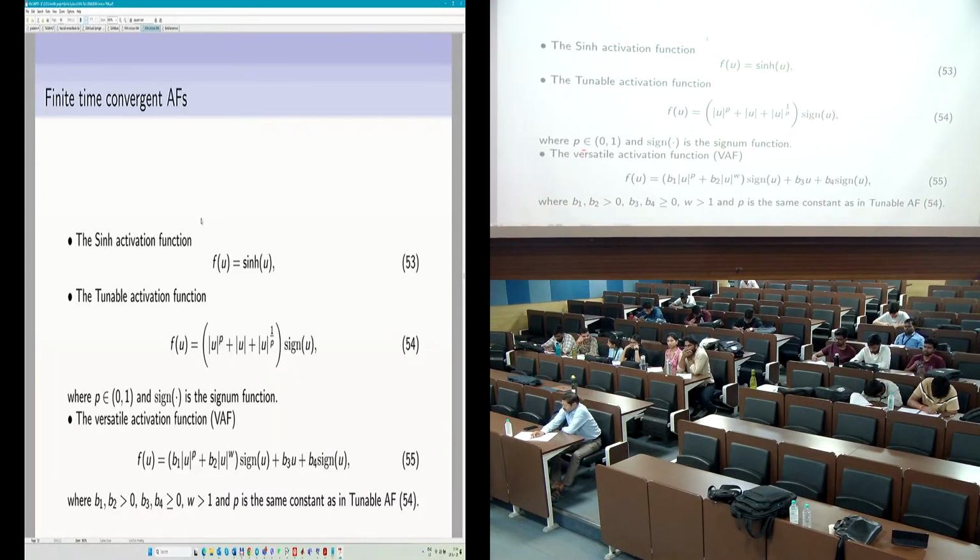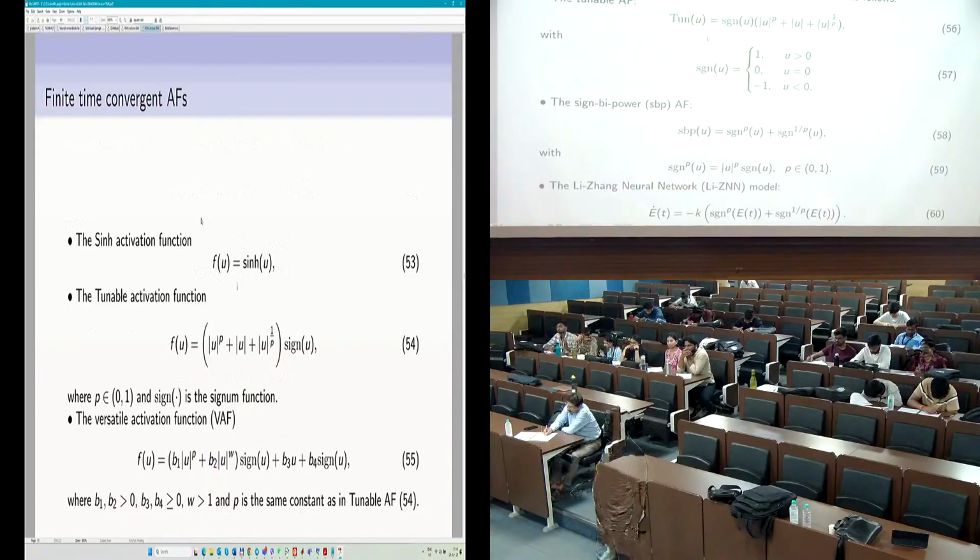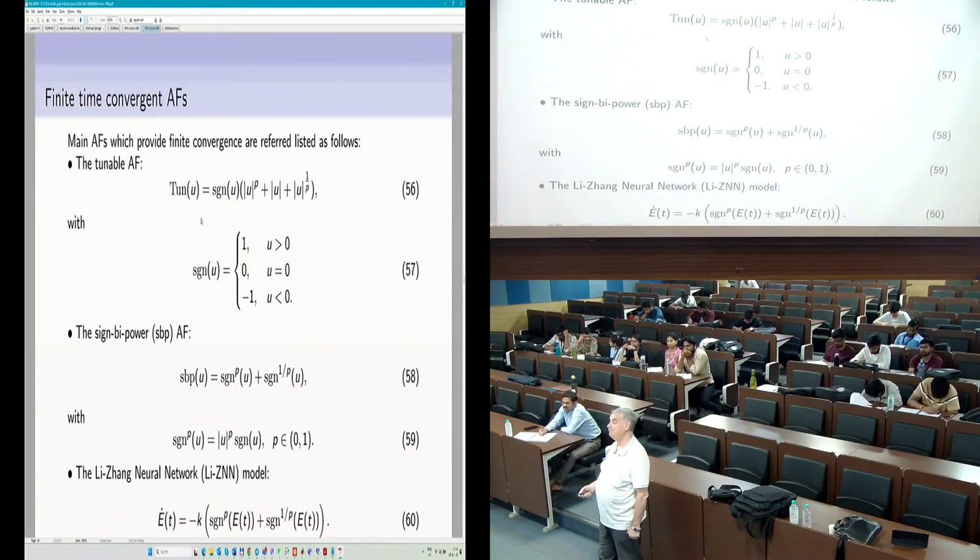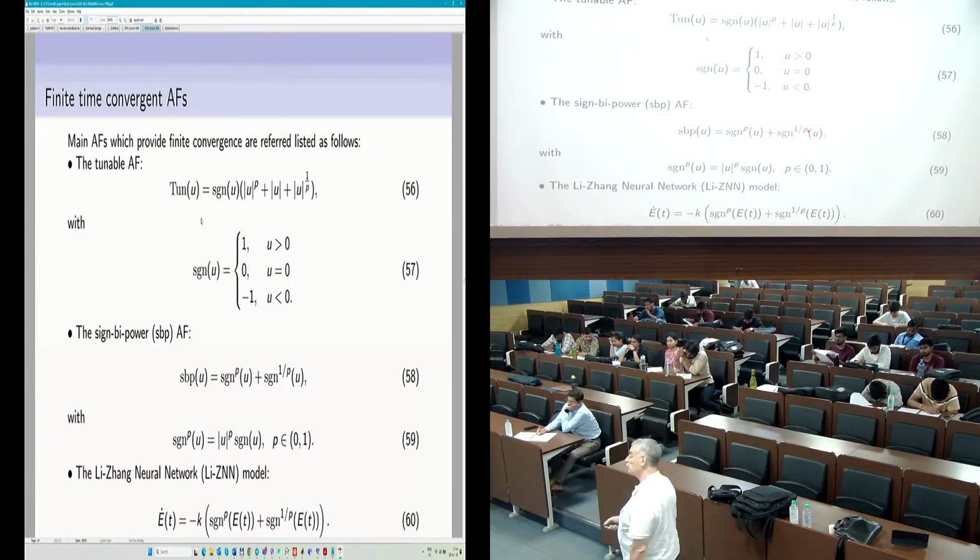Here is a versatile activation function with 2 additional tunable activation for 2 powers, but with cyan.